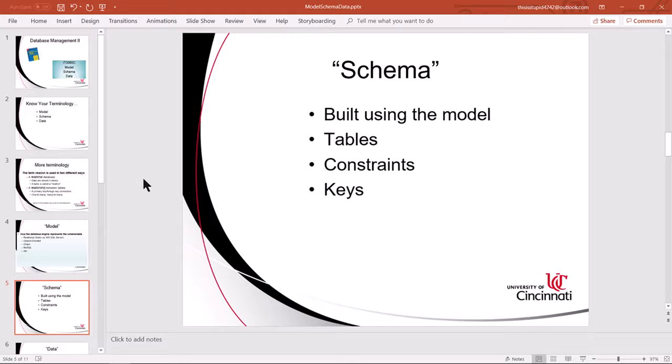For example, in Microsoft SQL Server and MySQL, two competing products, the word schema means a different thing in each. But generally, for research purposes and for discussion purposes, we will say it is a set of tables, constraints, and keys.